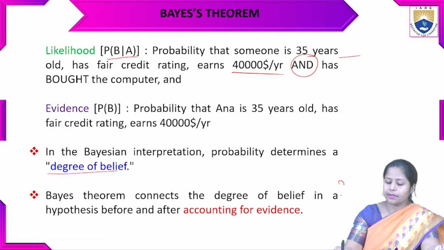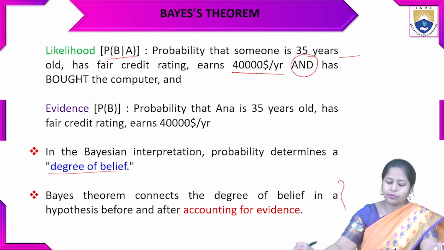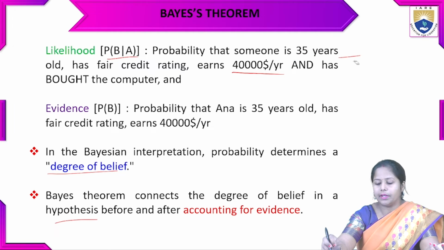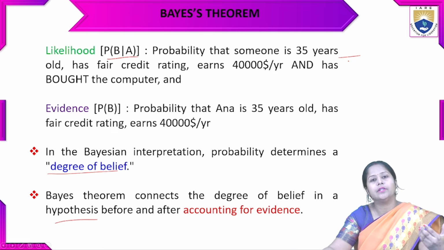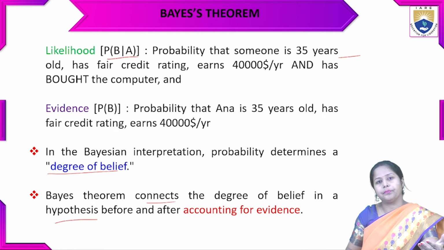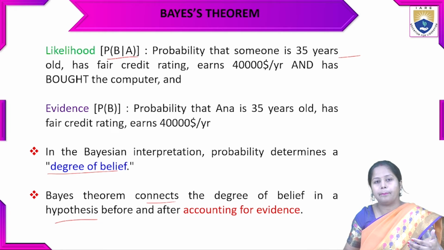The Bayes theorem connects the degree of belief in the hypothesis before and after accounting for evidence, that is, for the event that is going to happen or not.